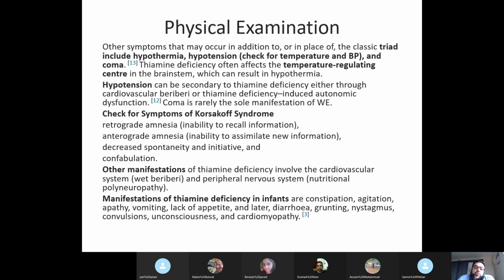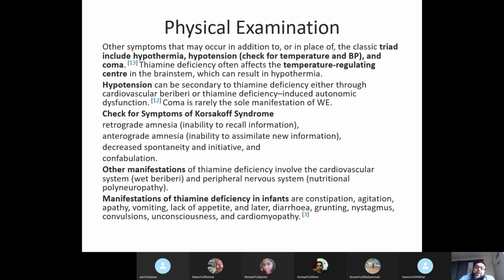So retrograde amnesia, anterograde amnesia, decreased spontaneity, initiative, confabulation. You can check these in Wernicke's encephalopathy, but I won't go much into it. If the patient is confused, I would just ask one or two memory questions. I won't go into detail.